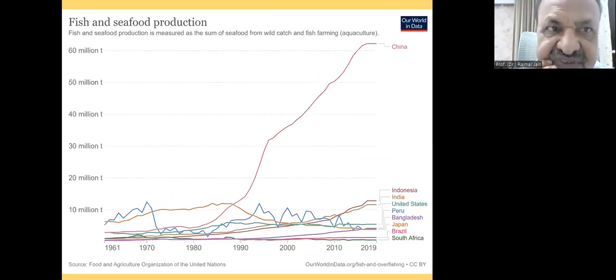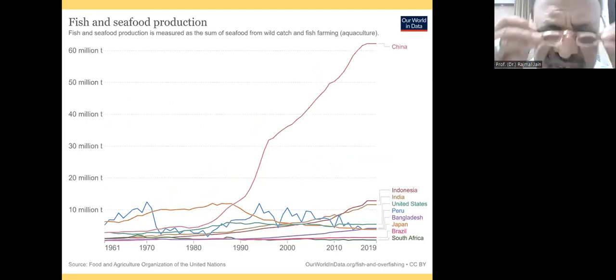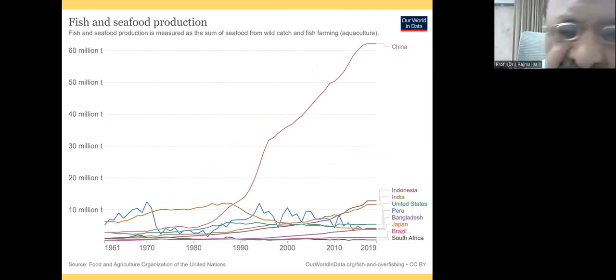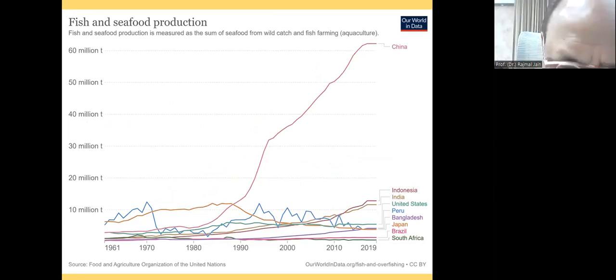You can see here also that China is taking over, with a large number of fish and other aquatic animals. In the aquatic case too, there is an exponential growth after 1980 or so, and this is not in kg, it is in millions of tons.